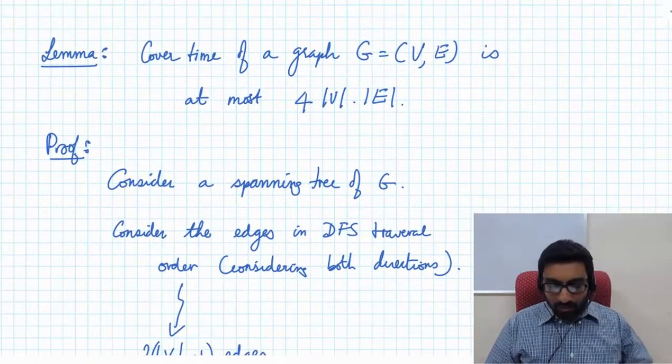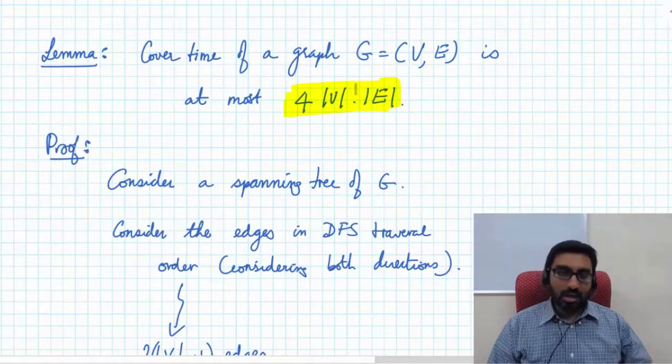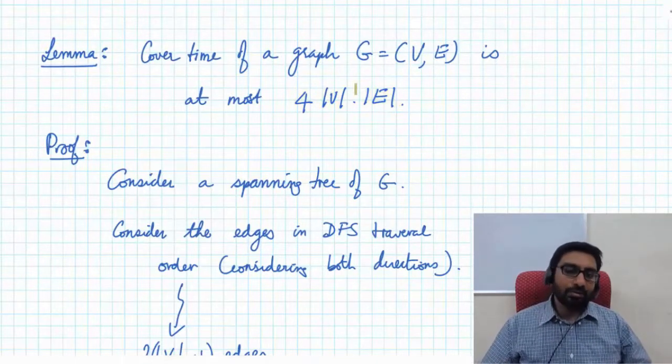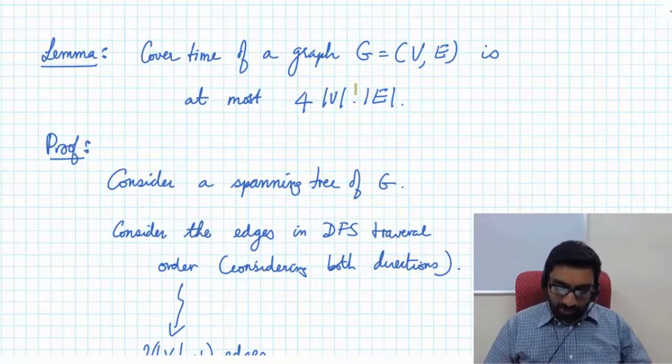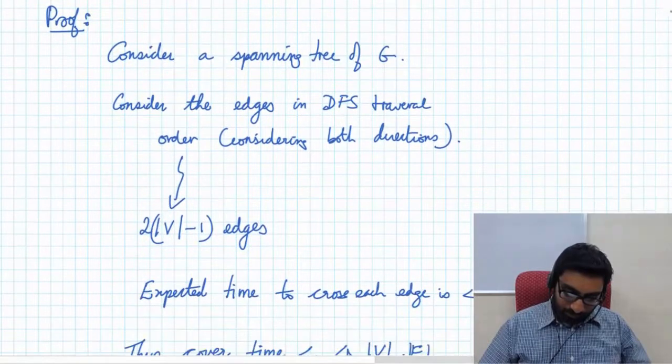The cover time of a graph G equals (V, E) is at most 4 times the number of vertices times the number of edges. This is true for any graph. For special graphs, we have better bounds on the cover time, but this is true for any connected non-bipartite graph.